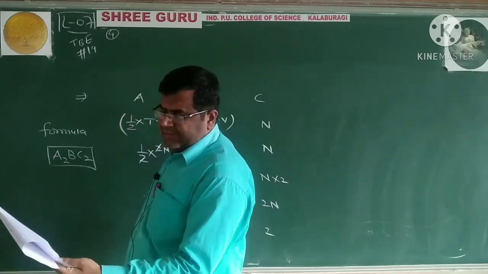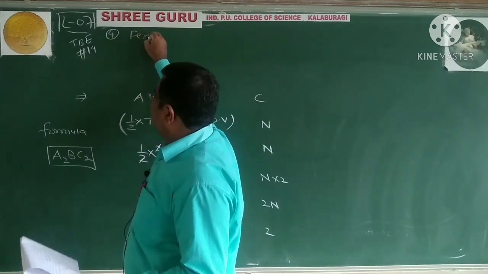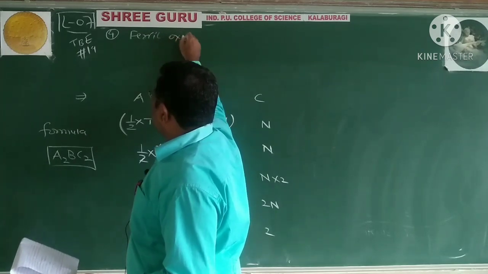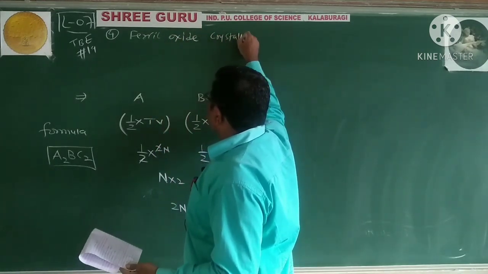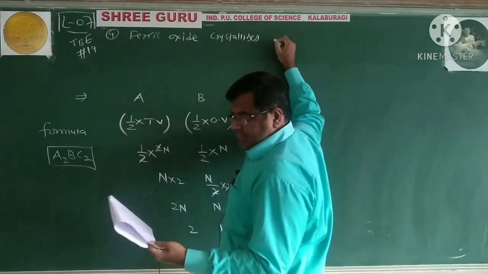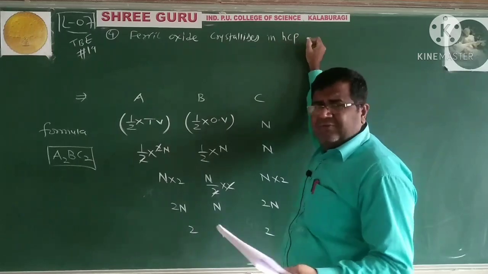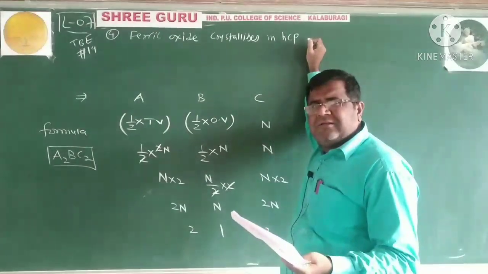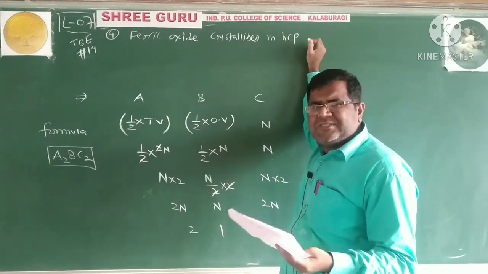Ferric oxide crystallizes in HCP, which has the same coordination number as that of FCC and CCP.